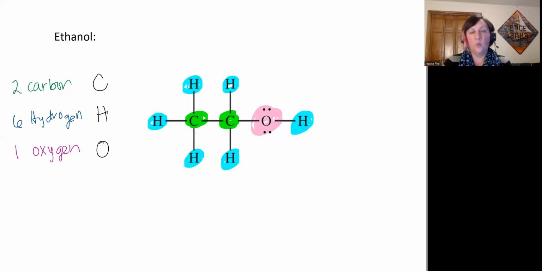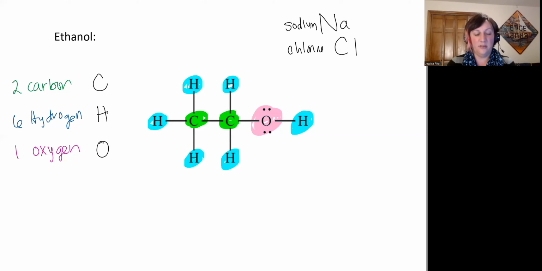All of these have just one-letter chemical symbols, but if you look at the periodic table, you'll see some that have multiple. We just were looking at sodium and chlorine, and these are both chemical symbols that have two letters.